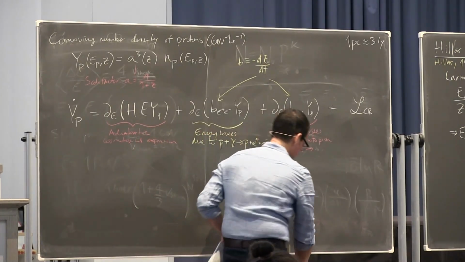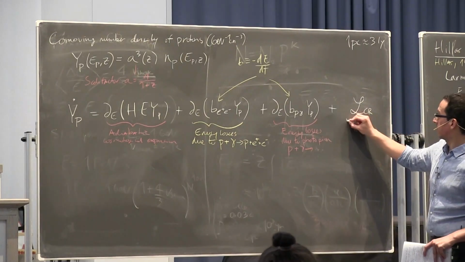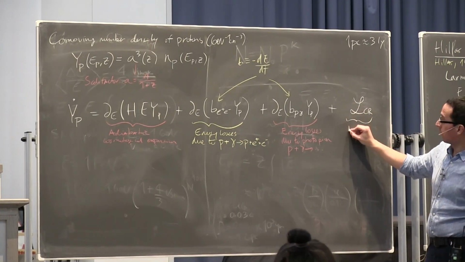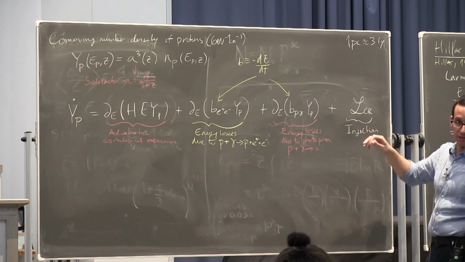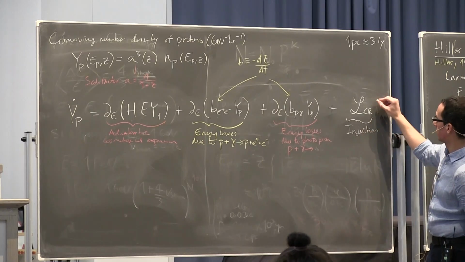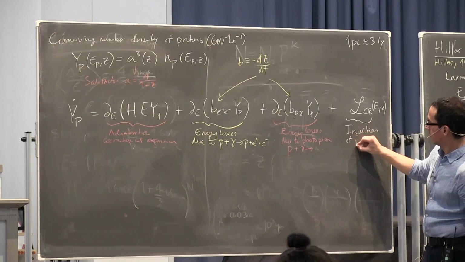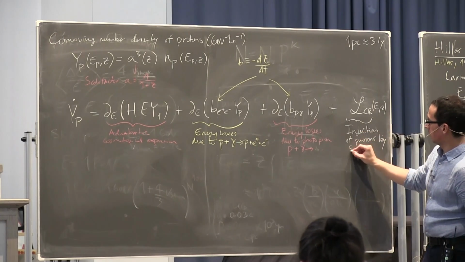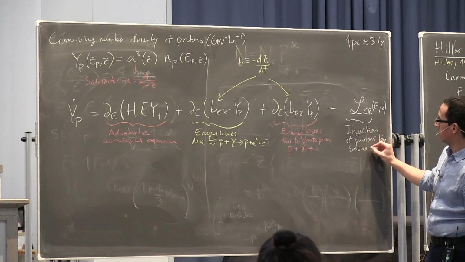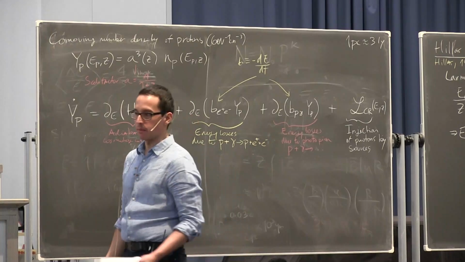I'll expand on this in a while, but then first let me give you the big picture. And this final term is the injection of protons by sources that exist at a different redshift. So this is a function of energy as well and of redshift. So this last term, this L here, that's where all the astrophysical modeling comes in.